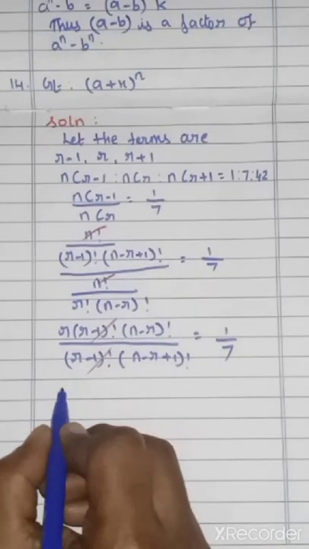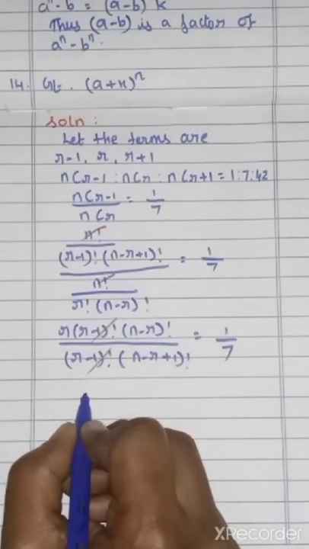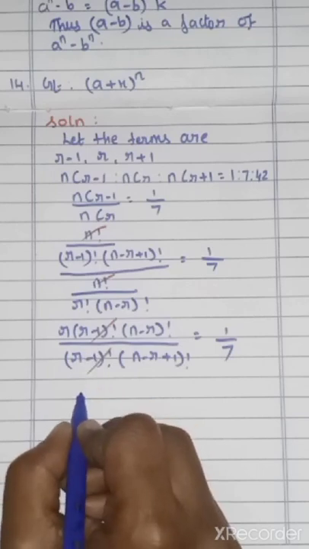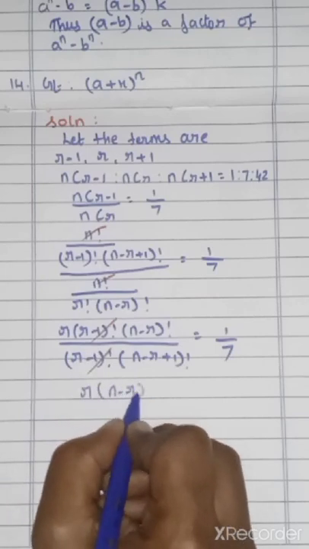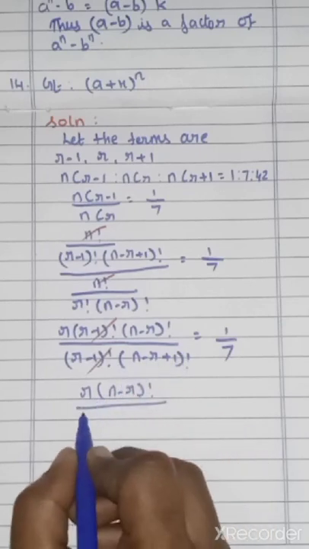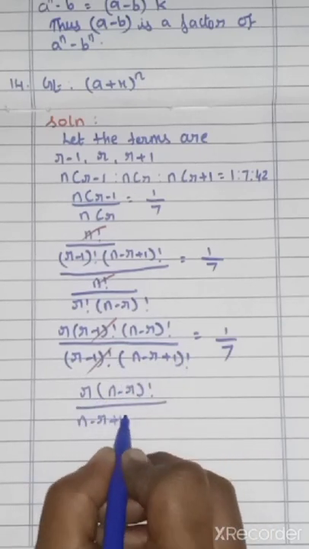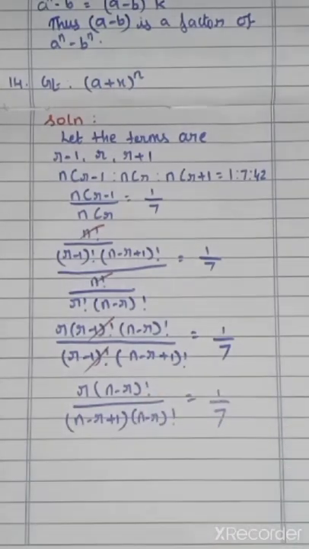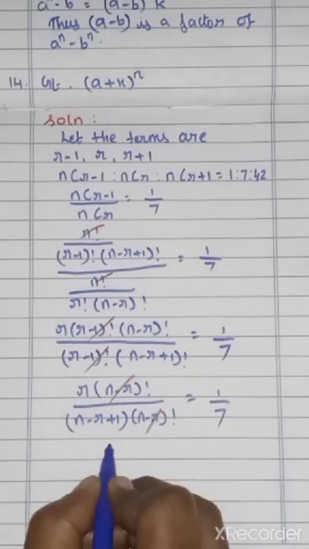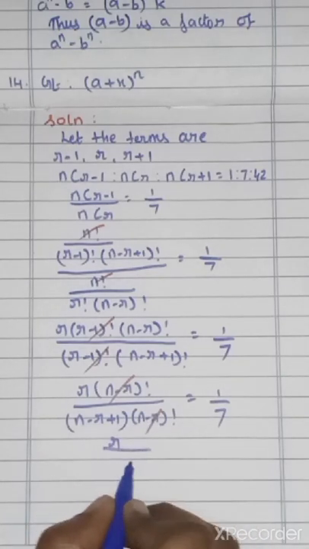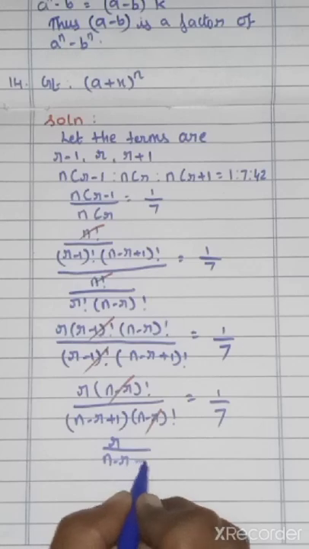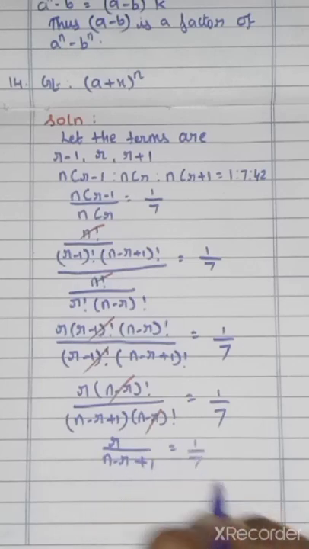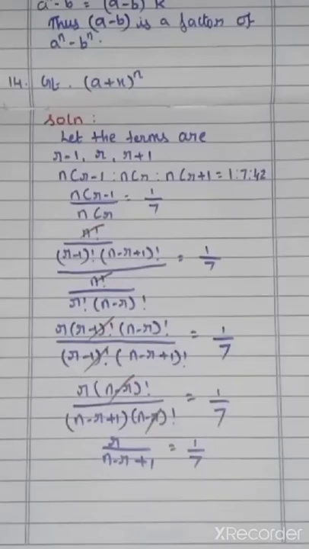Okay, so again we can write this as r into (n minus r) factorial by, we can write this as (n minus r plus 1) into (n minus r) factorial, which is equal to 1 by 7. Then again we can cancel this (n minus r) factorial. So now what will be remaining? r by (n minus r plus 1), which is equal to 1 by 7.